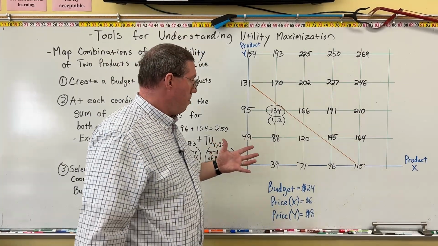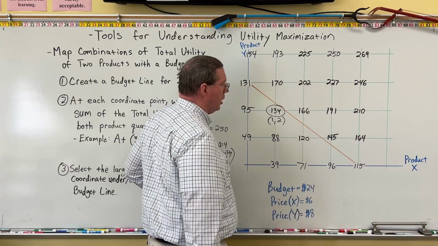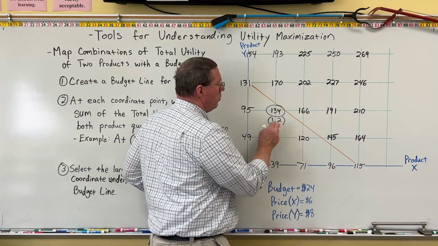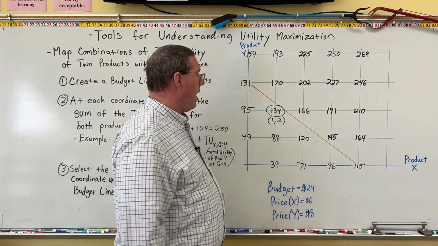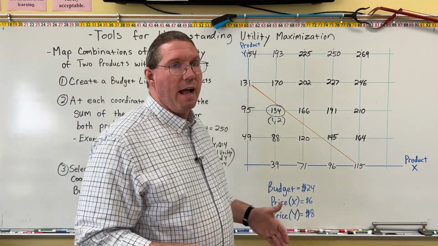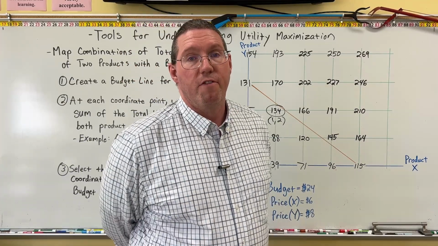But this person would achieve the most satisfaction, given their limited budget, if they consumed 2 units of product Y and 1 unit of product X. And if I'm not mistaken, that's consistent with the procedure that we did in the previous video, okay?